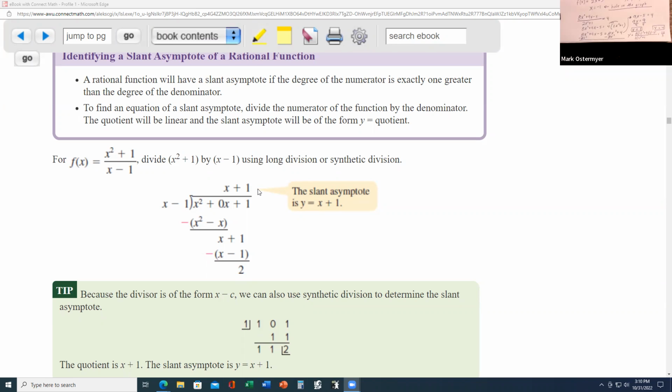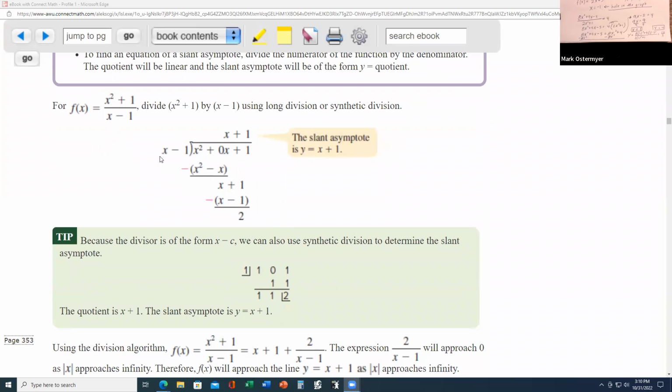The reason being is because slant asymptotes become realized in their nature as x approaches positive or negative infinity, in which case the remainder portion just drops out of the picture. It drops out to 0 anyways. So we're only concerned with the non-remainder portion after we divide the bottom into the top to determine the equation of a slant asymptote, y equals x plus 1. And notice they also divided positive 1 synthetically into the coefficients of x squared plus 1 to also give us the same result.